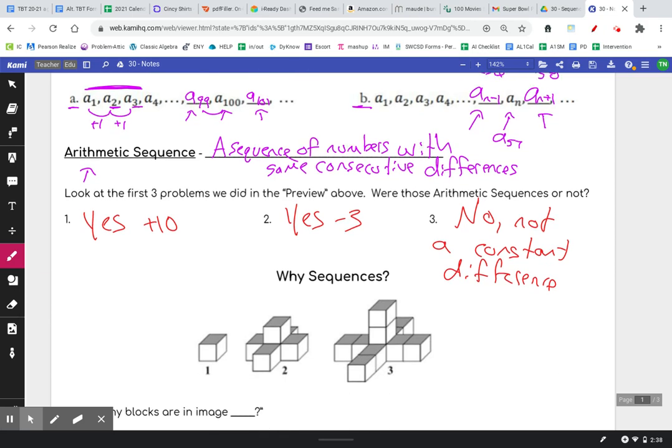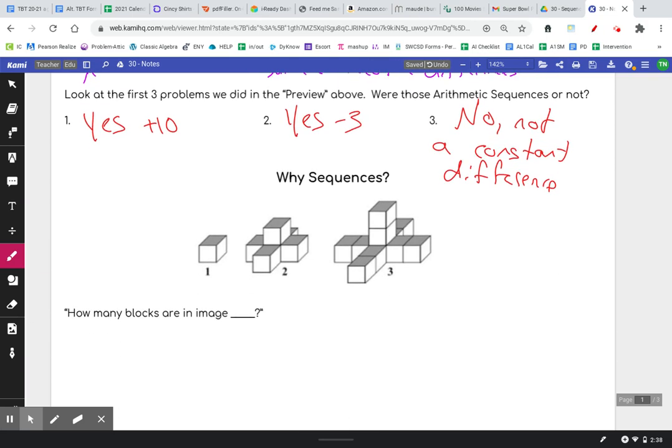Okay, looking down here, why sequences, again, a very popular test item. This is actually taken off of a state test that previous students took in order to graduate. So you'll see some patterns like this. A very popular question would be, how many blocks are in image 17, right?